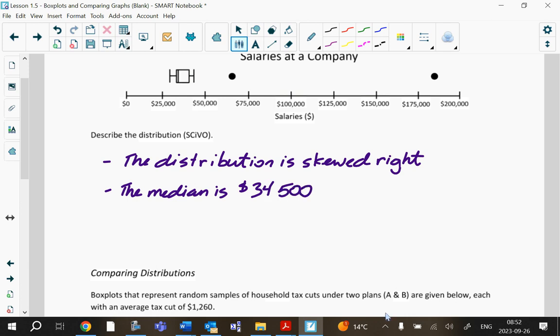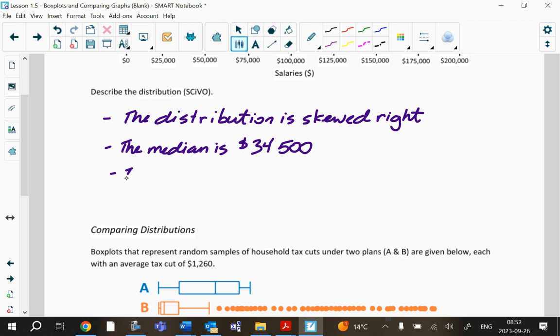What about the variability or the spread? Which one represents that? Which spread measure goes with the median? The IQR. And what was it?